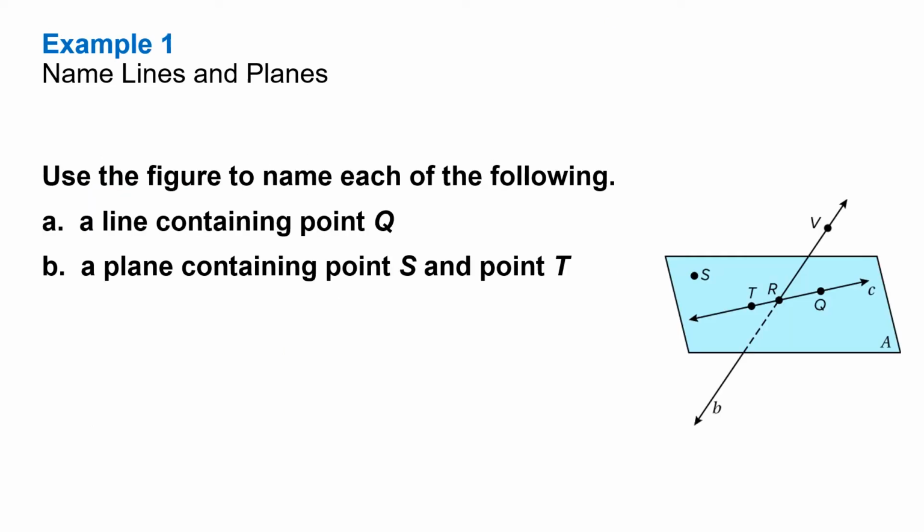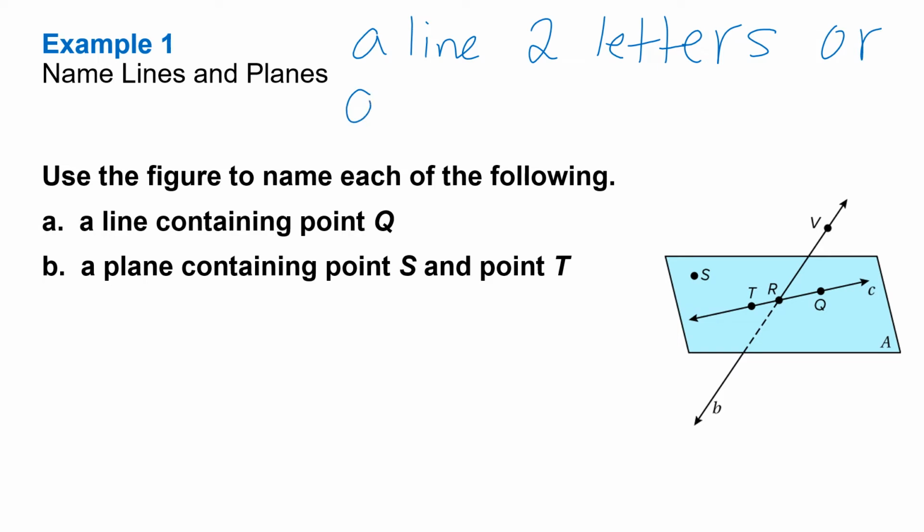Use the figure to name each of the following: a line containing point Q and a plane containing points S and T. Remember that we can name a line by 2 letters representing points, or a lowercase script letter.